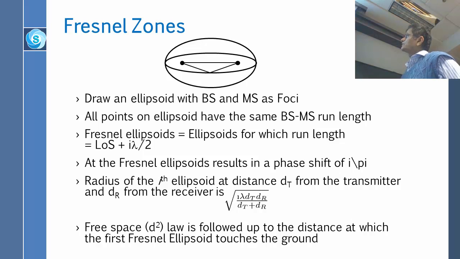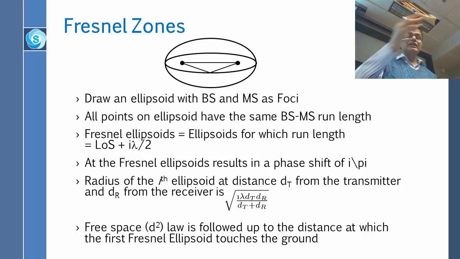So anyway, the free space d square law is followed up to the distance at which the first Fresnel ellipsoid touches the ground. Now if these were high in the sky, and this is the ground here, and this is the first Fresnel zone, wherever it touches the ground, that is the distance up to which the d square law is followed, and after that it doesn't, right?